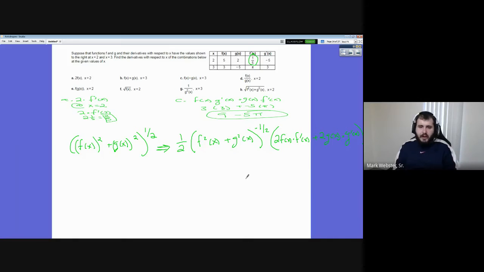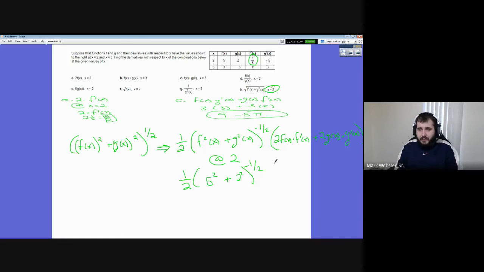So now I'm just going to plug in numbers, right? F of x, we're working at 2. We got 1/2. F of x at 2 is 5, so we got 5 squared. g of x at 2 is 2. So 2 squared to the negative 1/2.